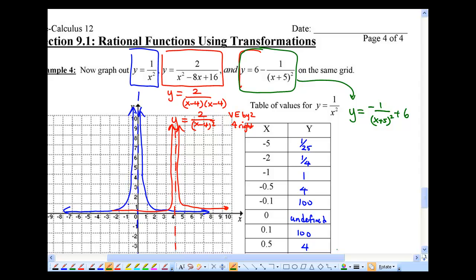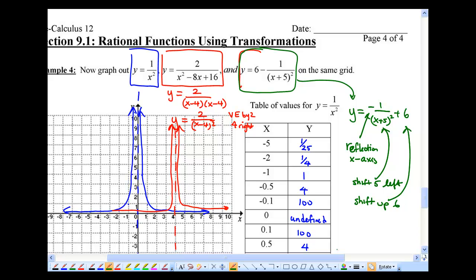Okay? That negative, yes, is a reflection in the x-axis. This x plus 5 means you shift it 5 to the left. And the 6 on the side, of course, means you shift up 6.